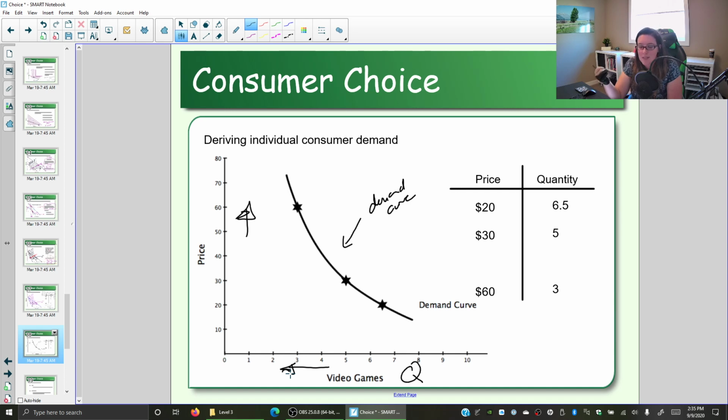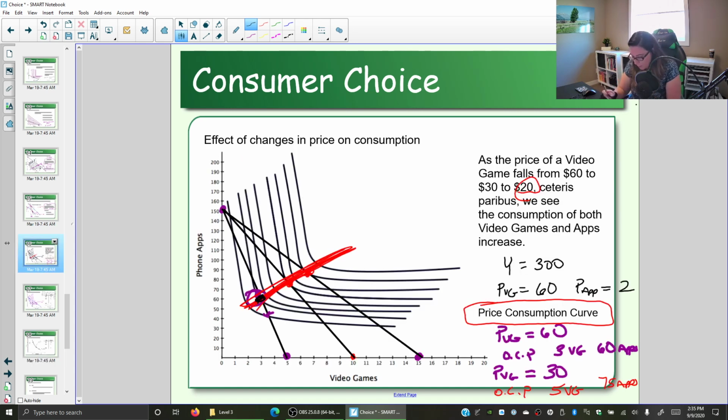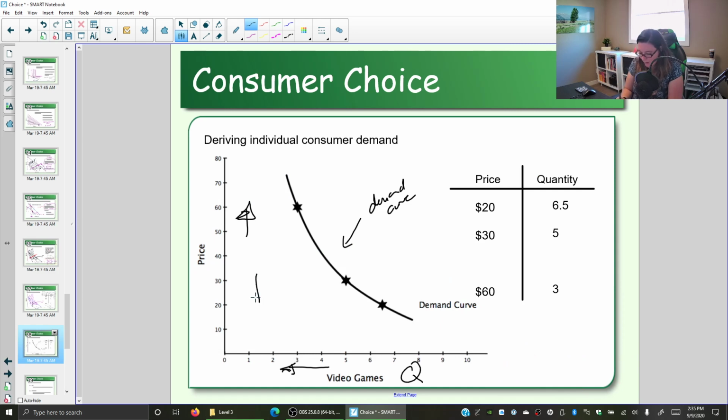And when the price goes down, we know that we can now afford more video games and more phone apps. And since we're willing to buy video games and we can afford more video games, then as the price falls, the amount we are willing and able to buy goes up.